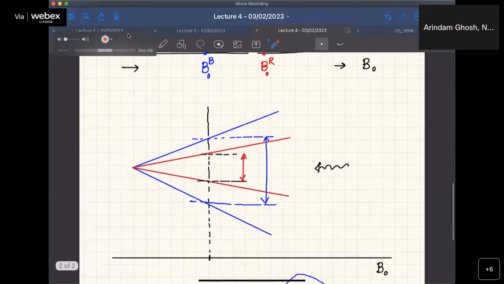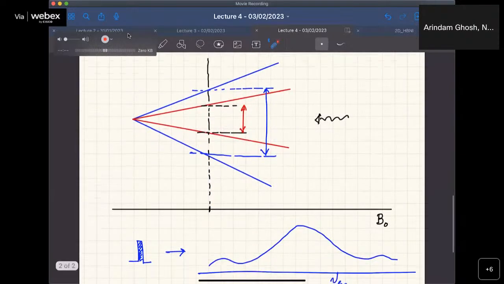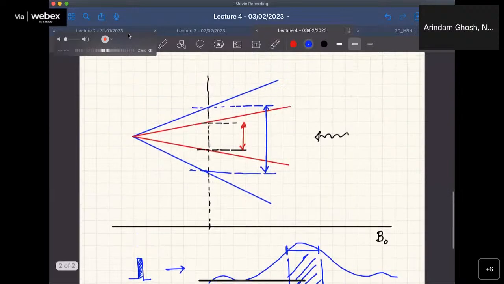Now we have B0 fixed at a particular value, and then I'm giving an RF pulse, which gives energy to a very large number of frequencies. So this entire range is getting a lot of energy. Then if I have two frequencies, one red and one blue, both of them get excited at the same time.